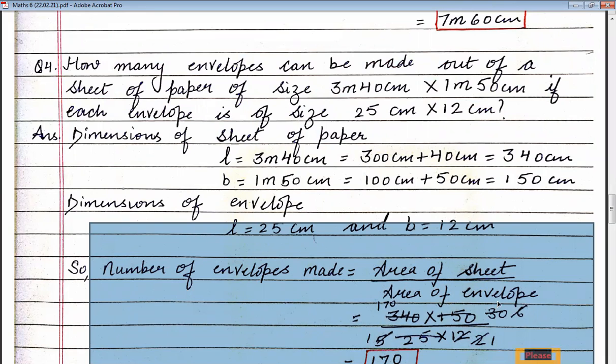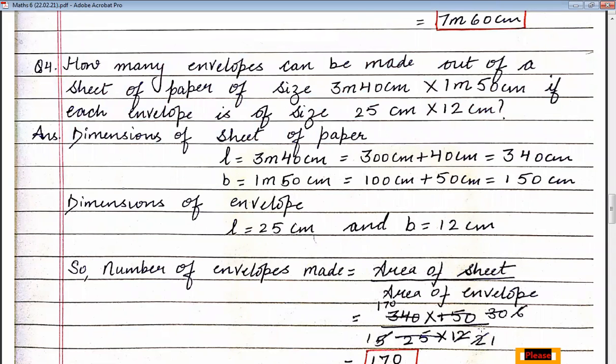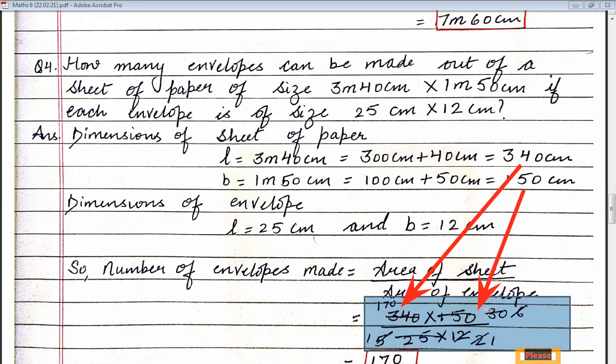So you know that the area of the sheet, that is a rectangle, will be L into B. So length here is 340 centimeters and breadth is 150 centimeter. So area of sheet is 340 multiply 150 divided by area of envelope. The length of the envelope is 25 and breadth is 12. So now children, we have substituted here. Now your next step is cancellation.